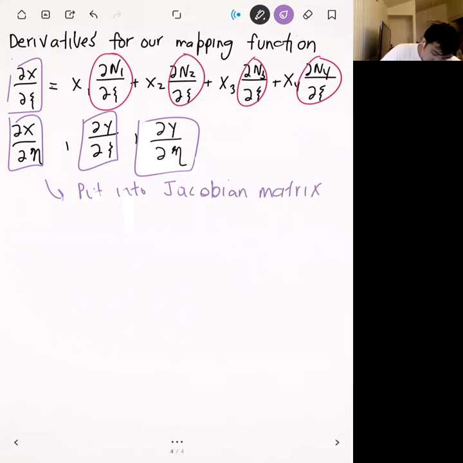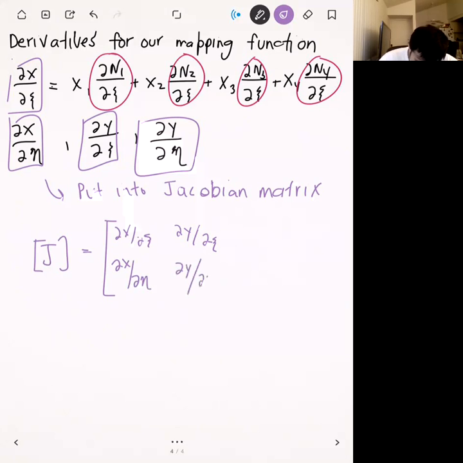Okay, and so we call this matrix J, and J is going to be equal to partial x, partial xi, partial y, partial xi, and then we have partial x, partial eta, and then partial y, partial eta. Okay.